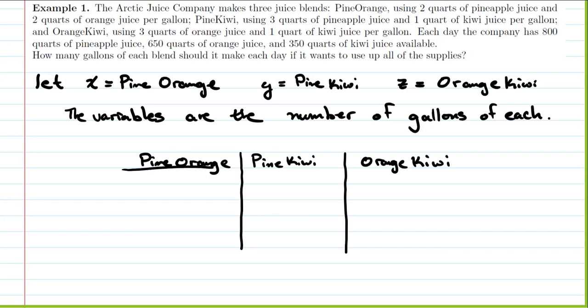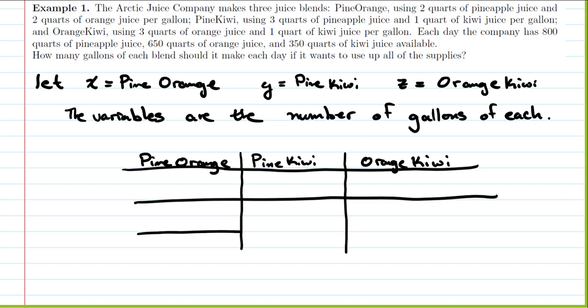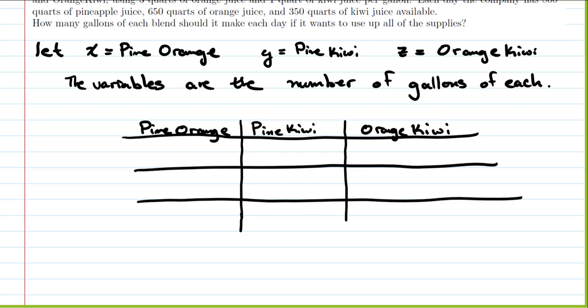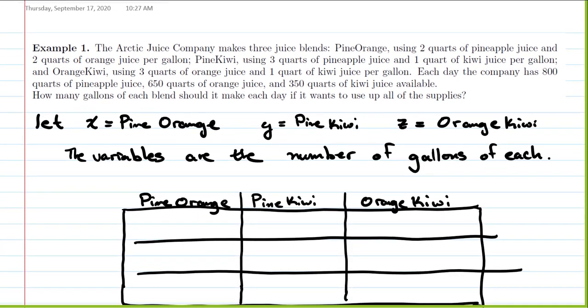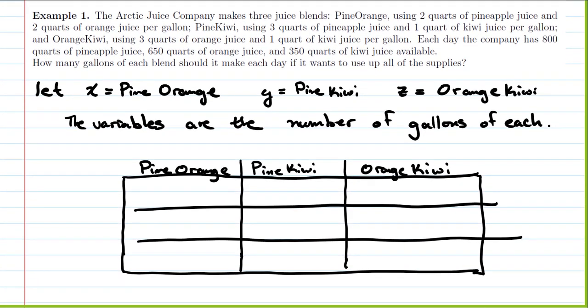And then I need to label what I know about each of these in my columns. So when I look at my pine orange, we see that pine orange is made of pineapple juice and orange juice.